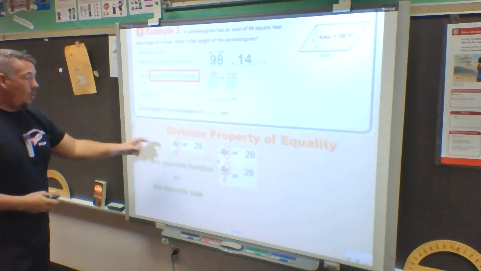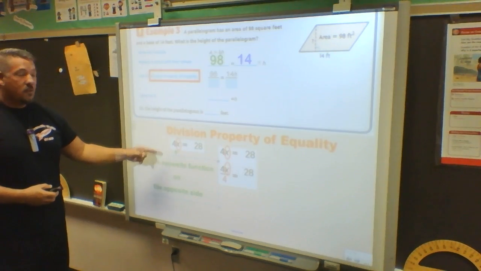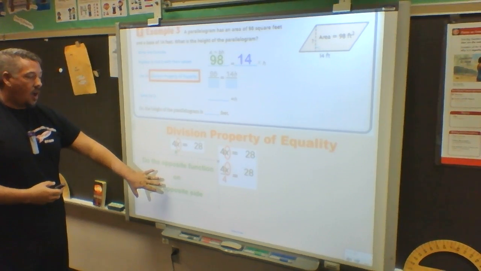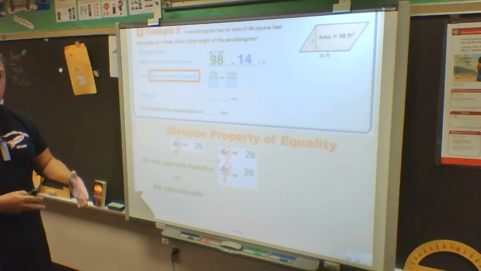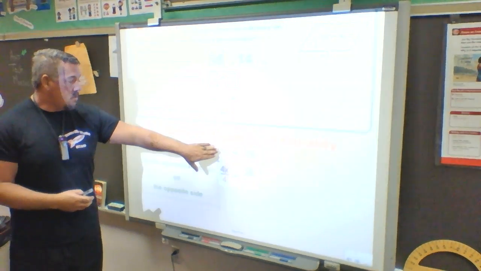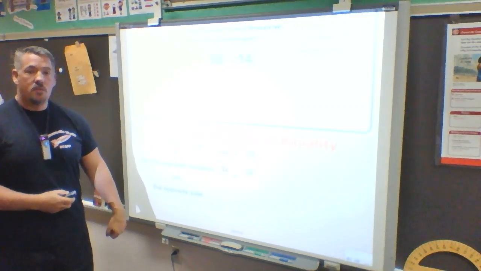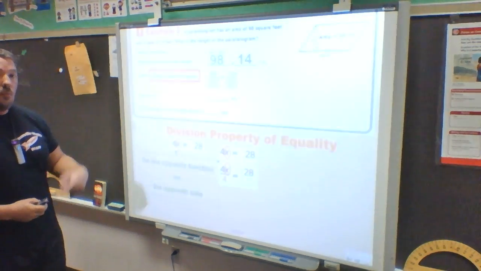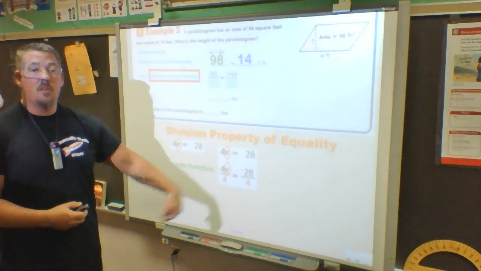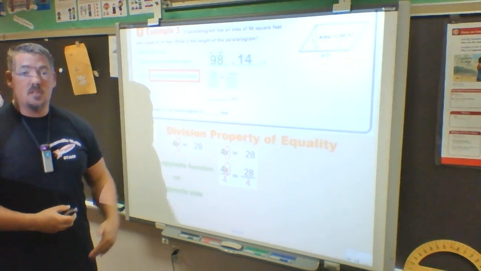So on this one, I know I'm multiplying by 4. So to get rid of it, I'm going to do the opposite function on the opposite side. So the opposite function means on that current side, I'm going to divide. Since I'm multiplying by 4, I'm now going to divide by 4. Then when I do it on the opposite side, I show the same thing. I'm also going to divide on the opposite side.